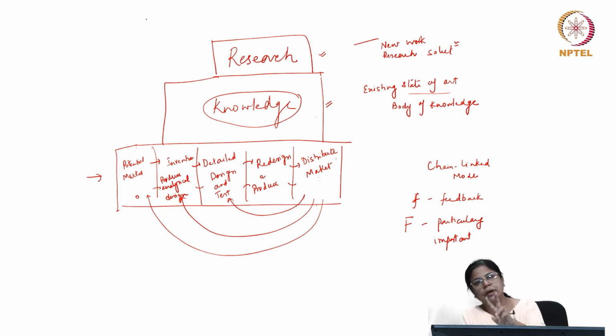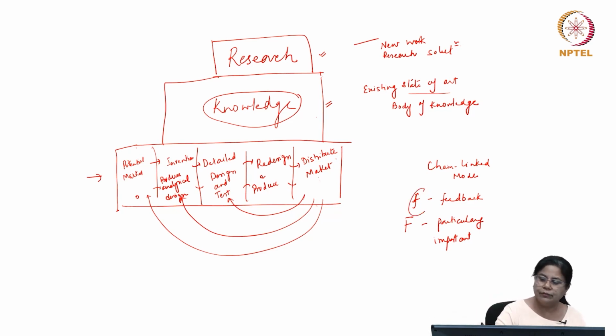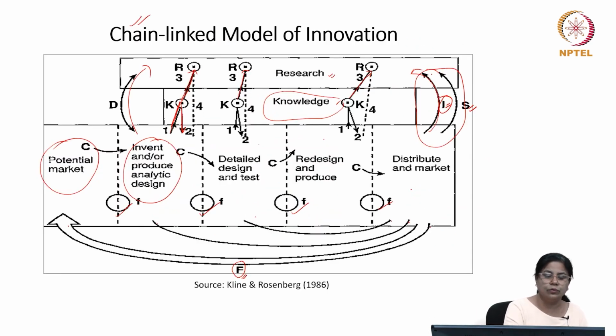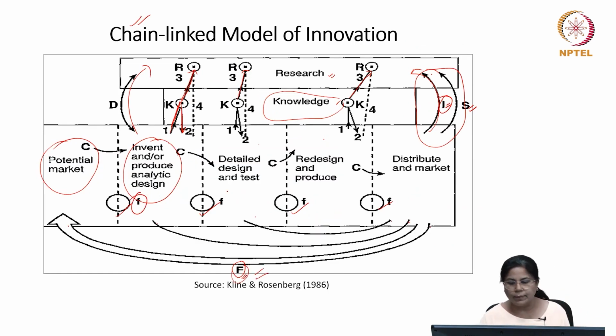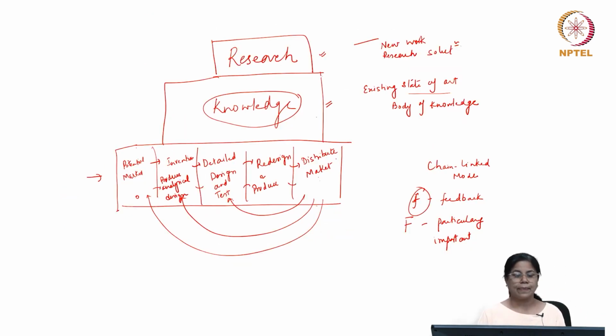The feedback is now introduced at 2 levels. One is the very basic or general interaction which needs to be done in order to take the work forward, or the major feedback which has to go. So there is a use of the word f, and then there is a use of the word capital F, major feedback and the regular feedback that emerges.